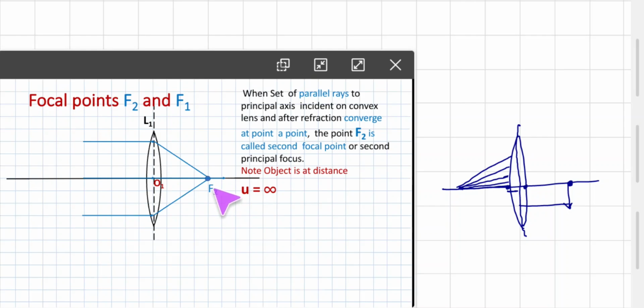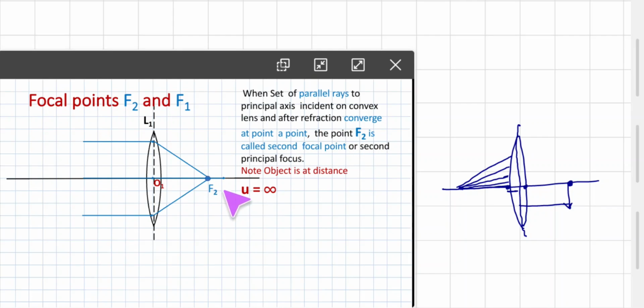When the object is at infinity, rays are coming parallel to the optical axis, and wherever they meet, that focal point is named F2. When a set of rays parallel to the principal axis is incident on a convex lens and after refraction converges at a point, the point F2 is called the second focal point.